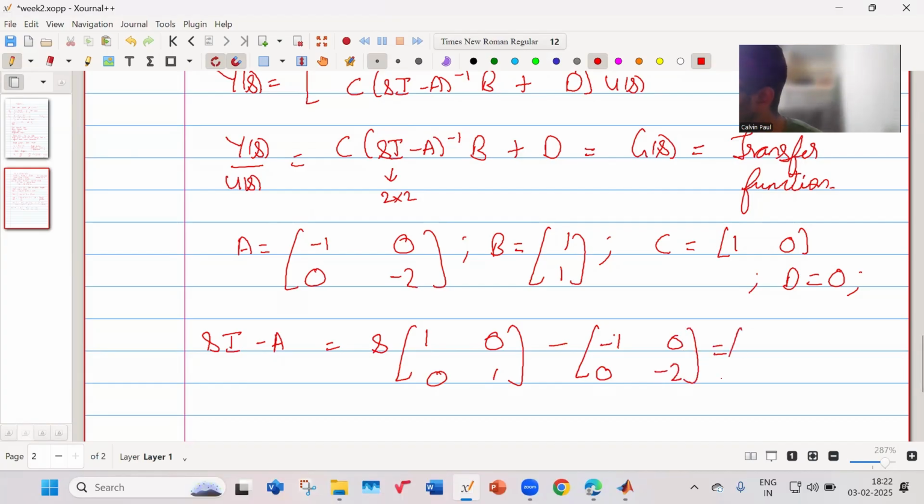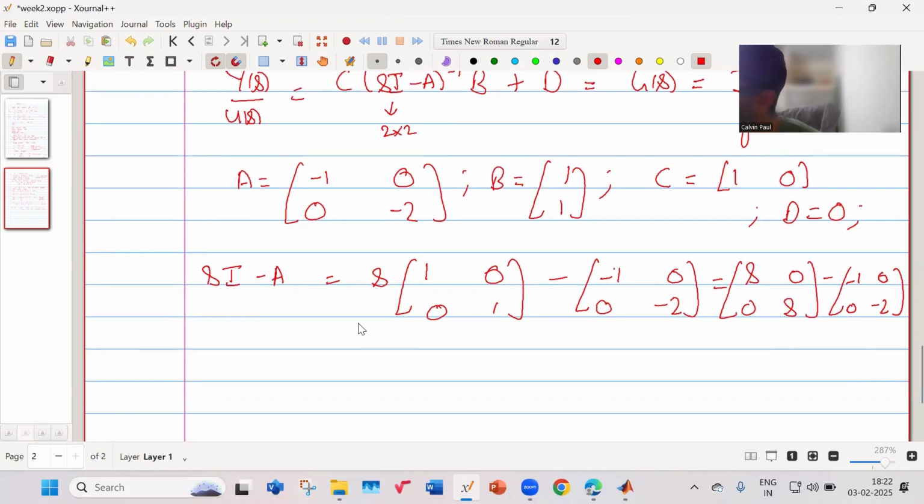So that we write as [s, 0; 0, s] minus [minus 1, 0; 0, minus 2]. So this we get to be [s plus 1, 0; 0, s plus 2]. So this is sI minus A.